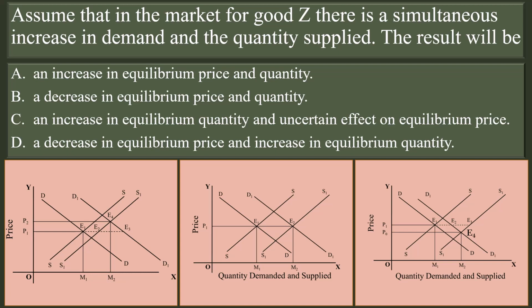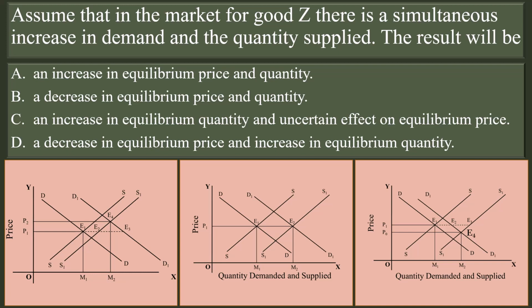In the second case, price remains unchanged, quantity increases from M1 to M2. So this is what happens when the extent of increase in demand and supply is equal. Well, look at the third case.